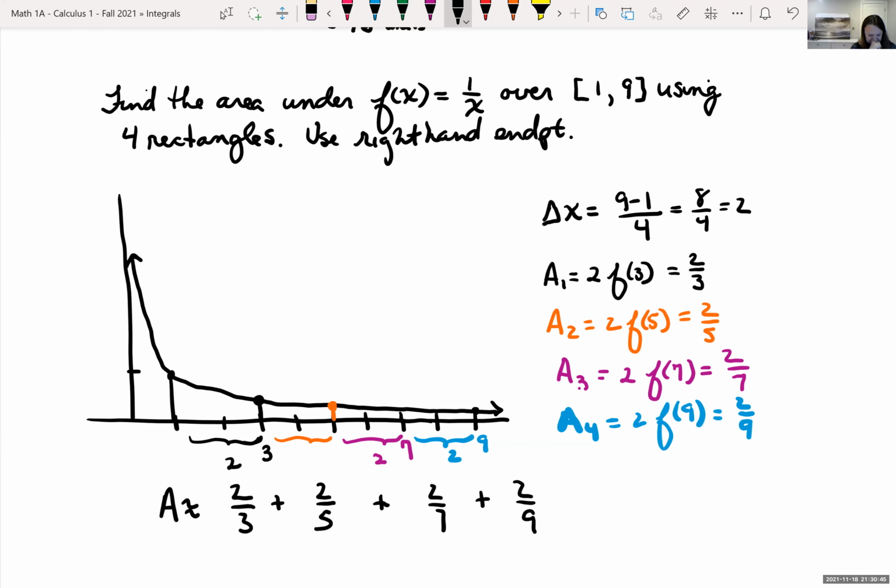Okay, what is our common denominator? It's huge. It would be 9 times 5 times 7. So 315 is our LCD.